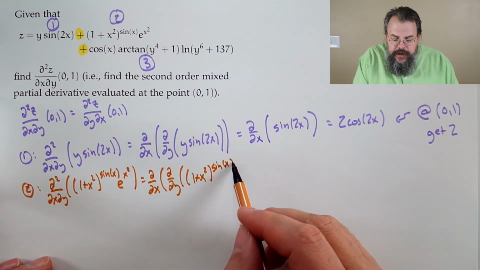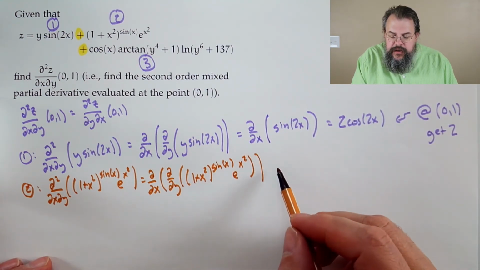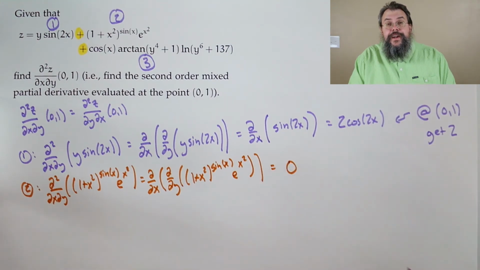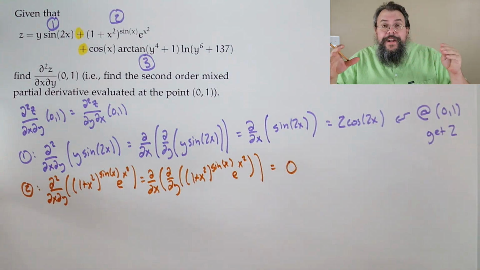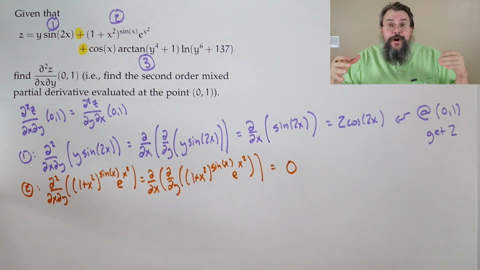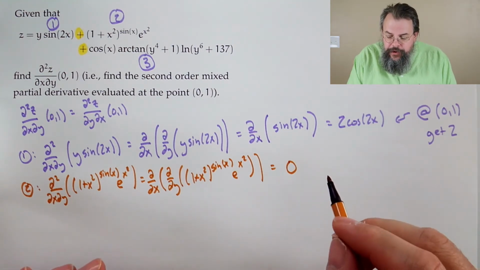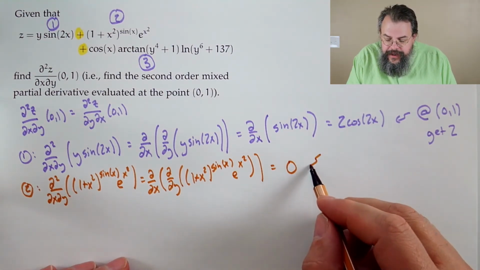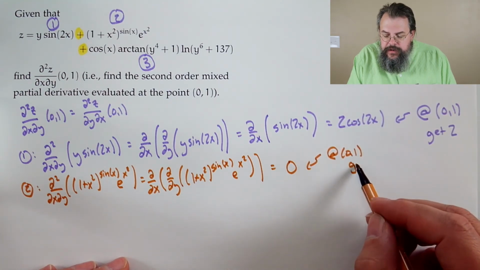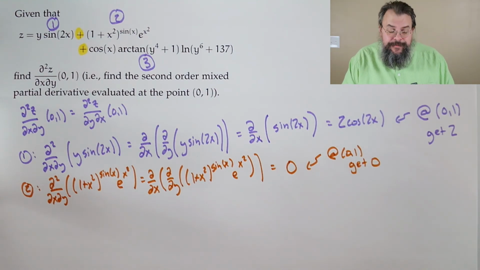So what does that become? If there's no y, it doesn't change with respect to y, which means we get 0. And of course, once the inside is 0, the next layer, the derivative, will also be 0, and so we get 0. Nice. At (0, 1), this will get 0. So now we're two-thirds of the way done.